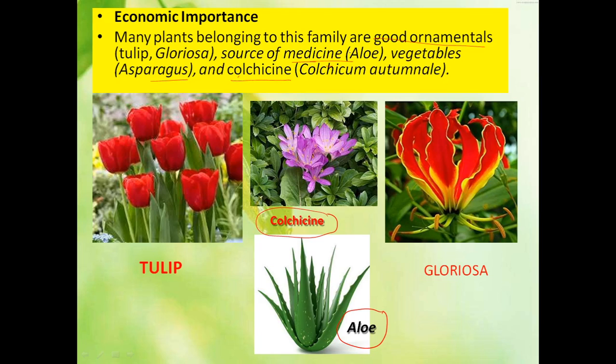There are some good ornamentals like lilies, tulips or gloriosa. These flowers are widely used for decorative purposes, and all these flowers belong to the Liliaceae family.